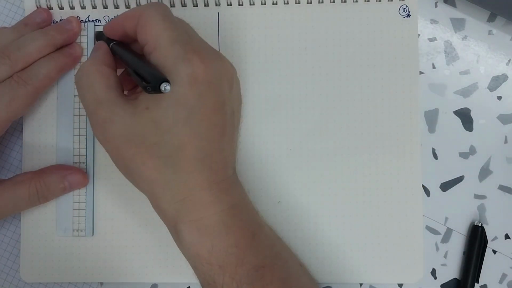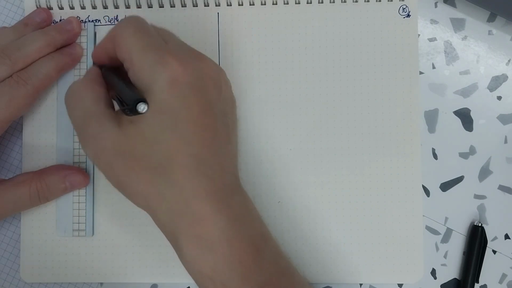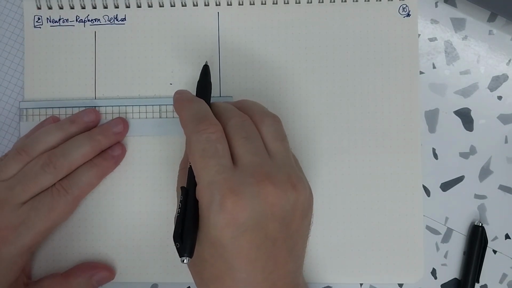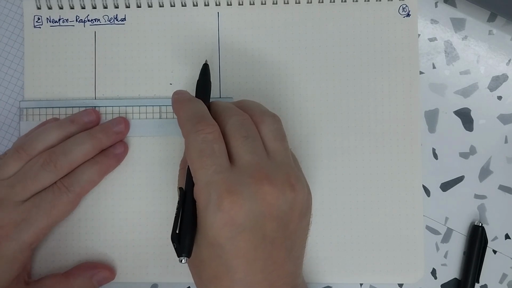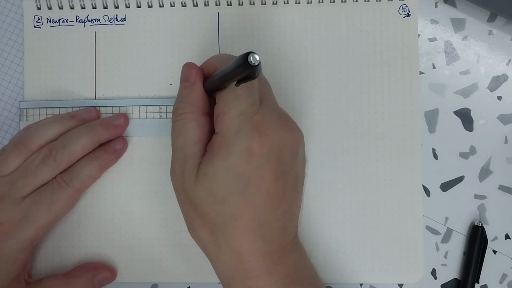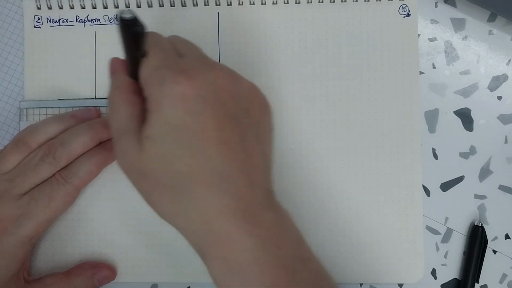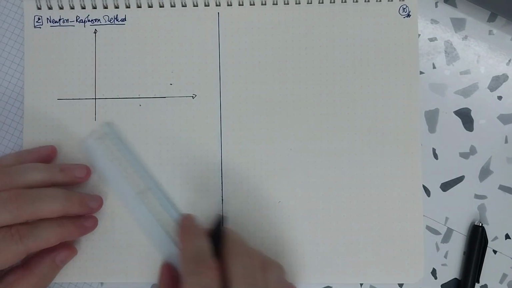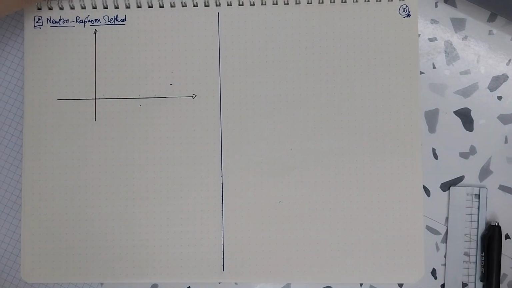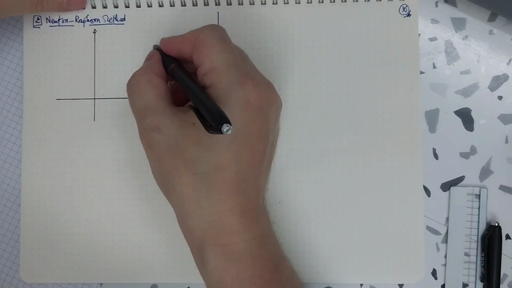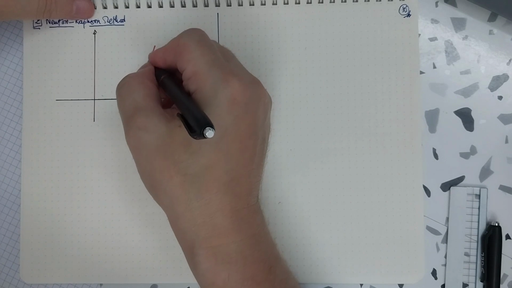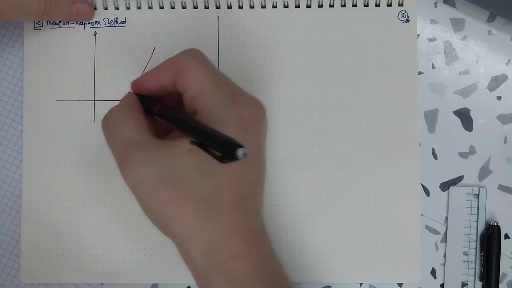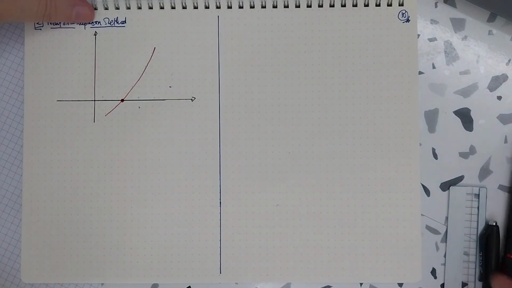Let's draw the axis, and let's see the method through an example. And let's draw it like this. And this is the curve.